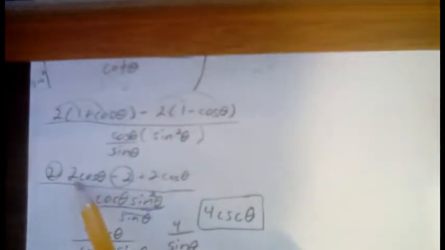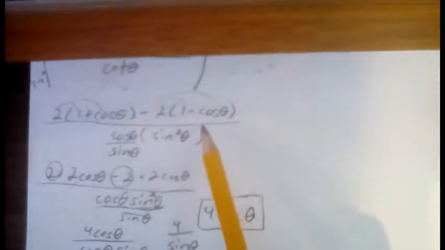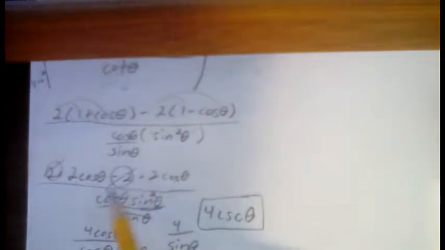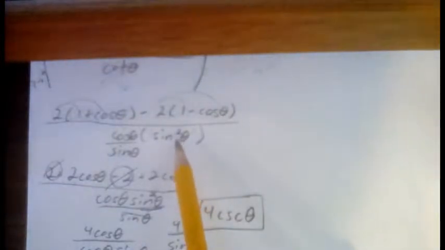The next step would be to multiply these out and bring that down, which would be 2 plus 2 cosine minus 2 plus 2 cosine. And you see that these two numbers cancel out, and you can just add these two together to get 4 cosine down there.